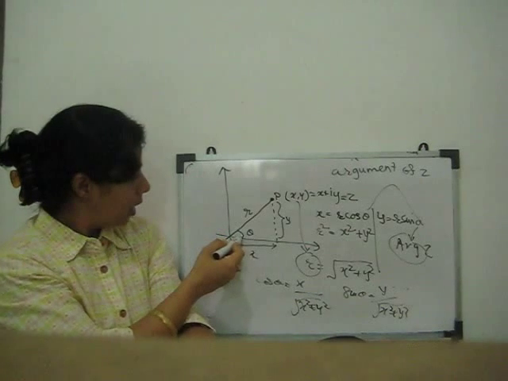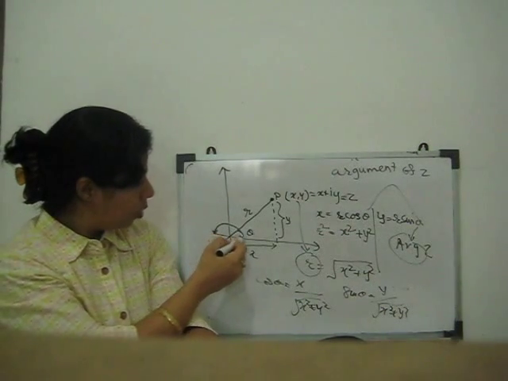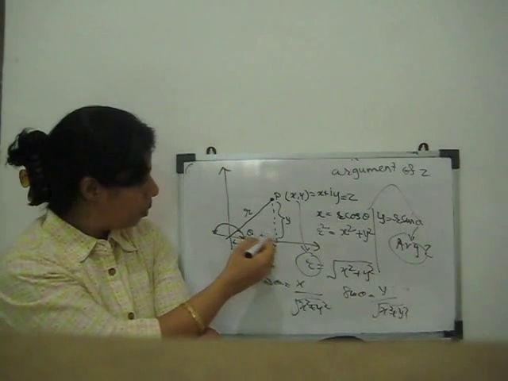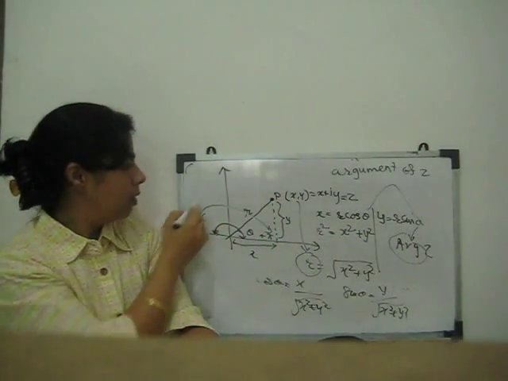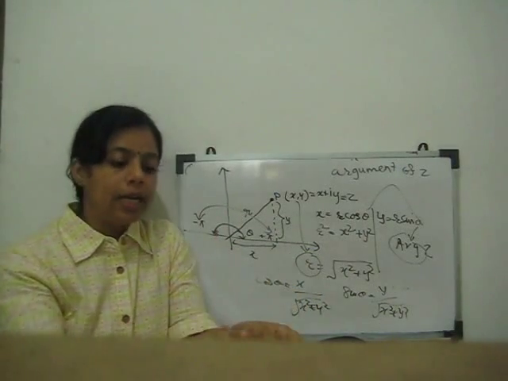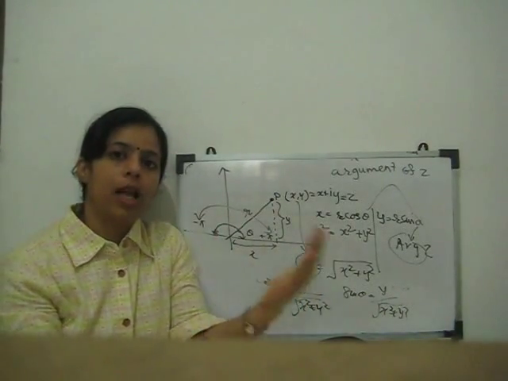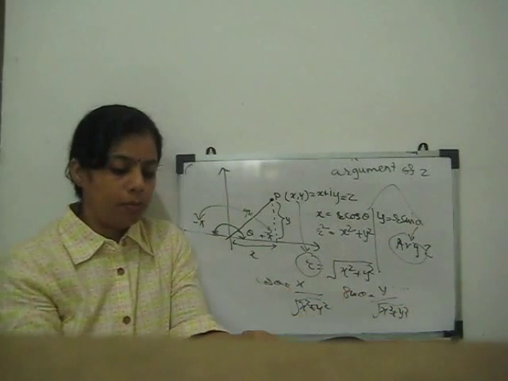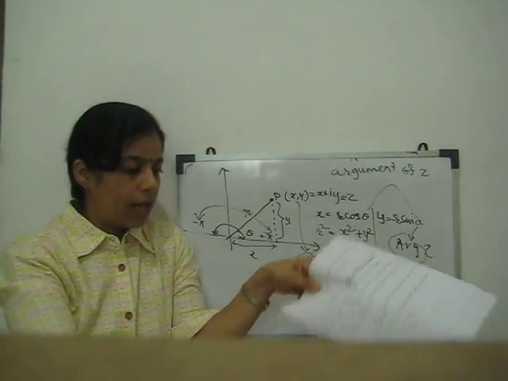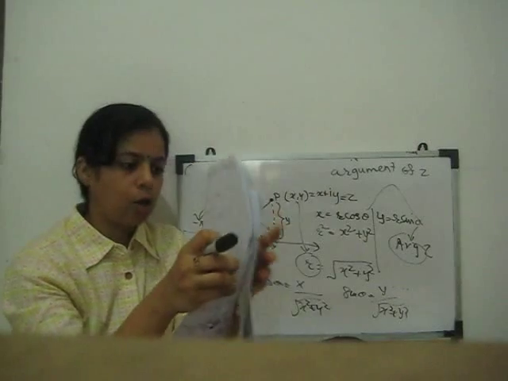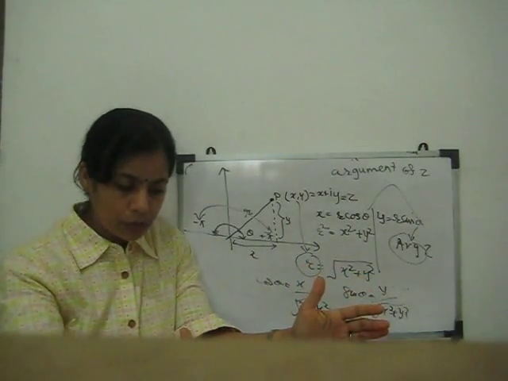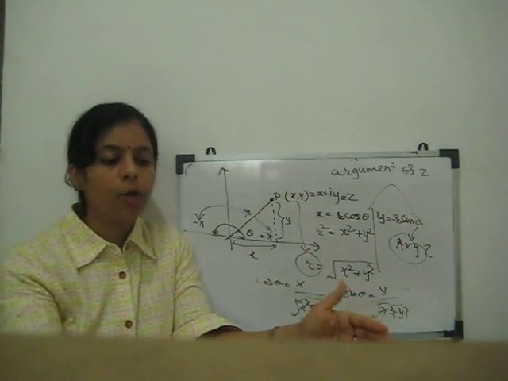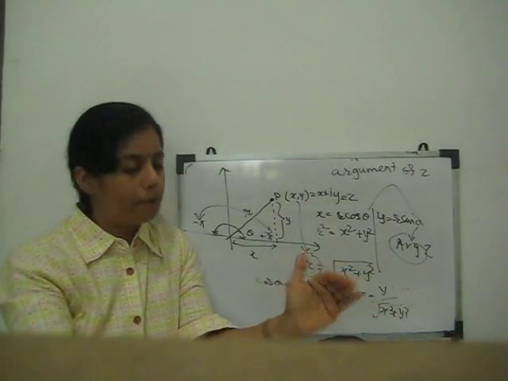When we talk about the argument, the value of theta always lies between minus pi to plus pi. Clear? So next, now some examples for finding the modulus and argument of a given complex number.